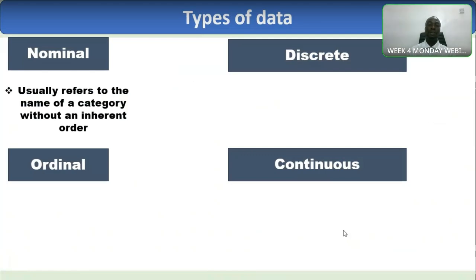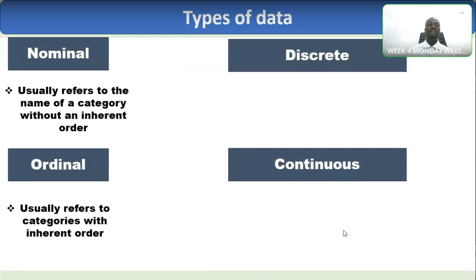But ordinal data means that they are categories, but within that category, there are some inherent rankings or orders. For example, let's say academic qualification. So academic qualification can say, okay, this is O level, this is graduate level, this is postgraduate level, PhD level, and so on.